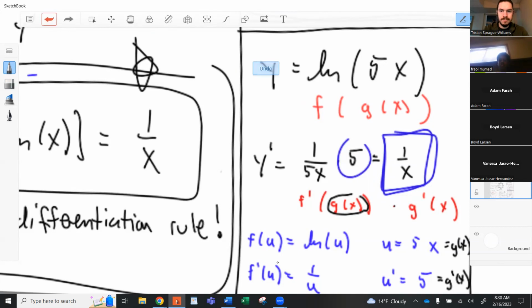But then how did you get 1 over x? The 5s cancel out, right? Because one of the 5s is in the denominator and the other 5 would be in the numerator, because multiplying by 5 is like multiplying by 5 over 1. That make sense?